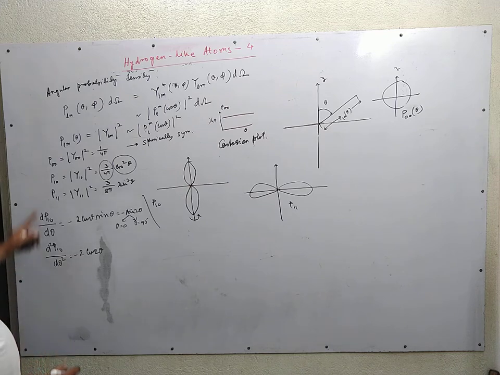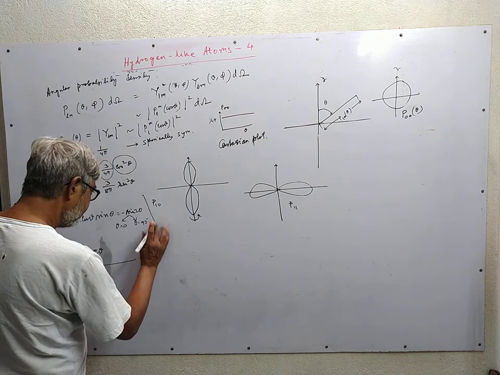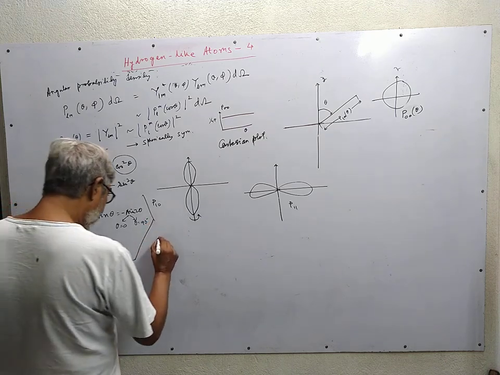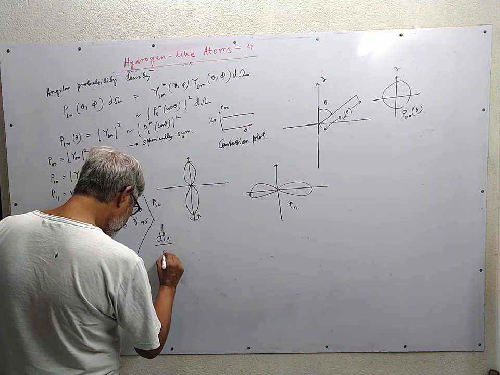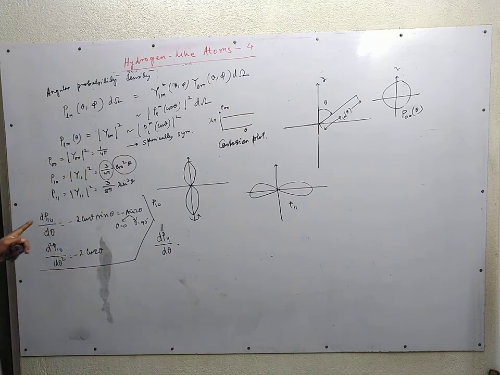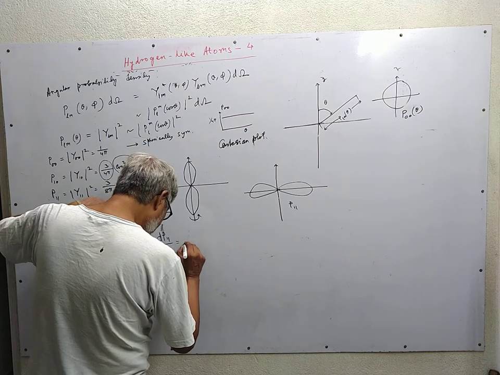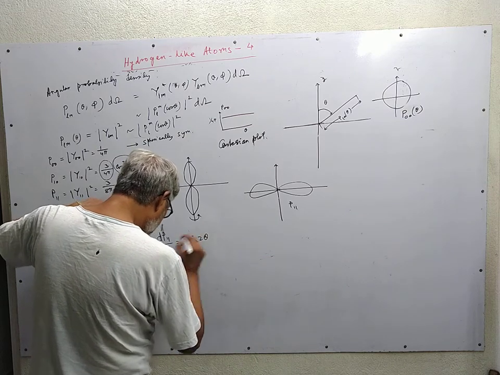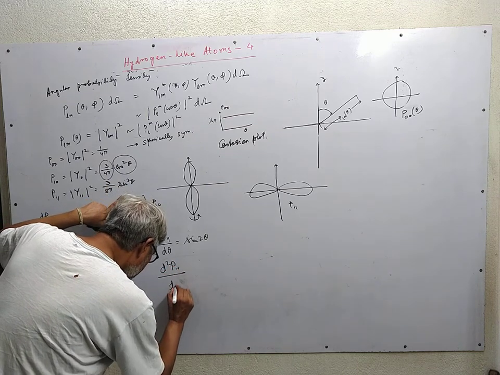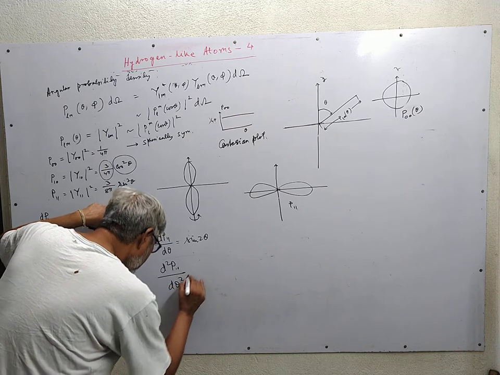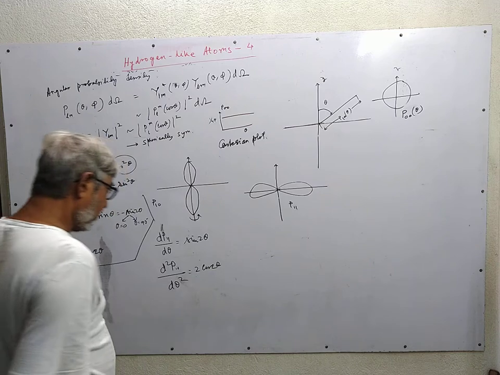And coming to P11, which is governed by sine square theta, the derivative is equal to sine of 2 theta, and when we differentiate it once more, this is 2 cos theta.